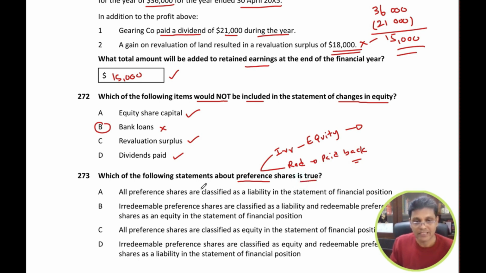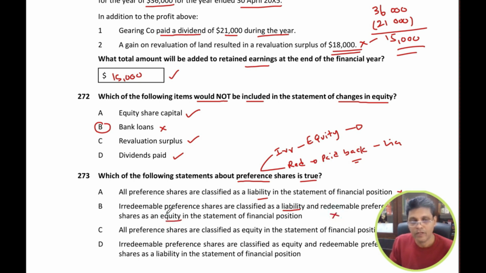Okay, so which of the following statements about preference shares is true? All preference shares are classified as a liability in the statement of financial position, which is wrong, as I told you. If it is irredeemable, it is equity. Redeemable, it is a liability. So therefore, not all preference shares are classified as liability. Irredeemable preference shares are classified as a liability and redeemable preference shares as equity in the statement of financial position, which is wrong.